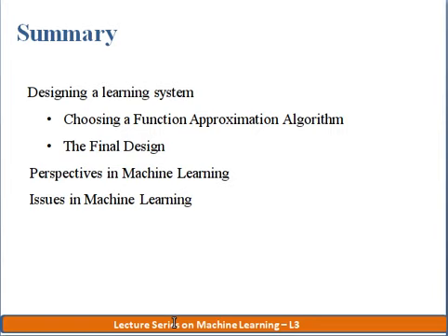In the approximation algorithm, we studied estimating training values and adjusting the weights using the LMS weight update rule. In the final design, we studied that any learning problem can be described with four modules, that is performance system, critic, generalizer and experiment generator.